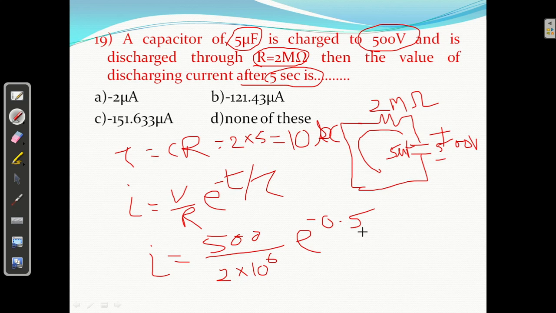I'm using the calculator. Just wait. Yes, I'm getting 151 microampere. So this is the answer.